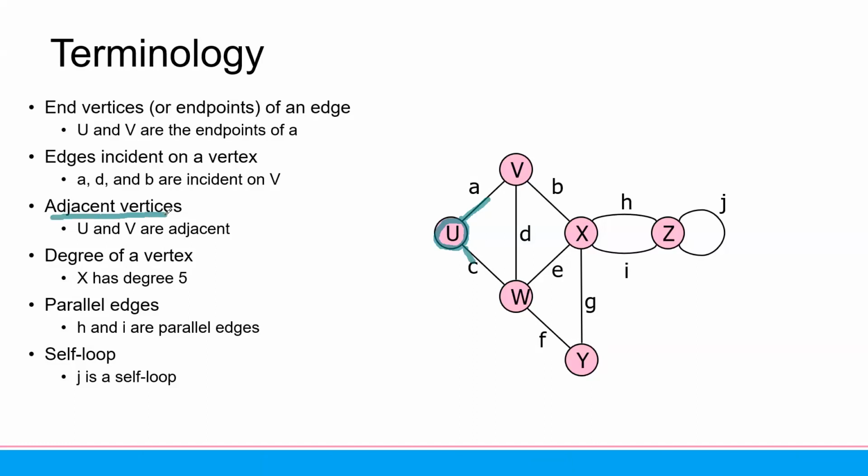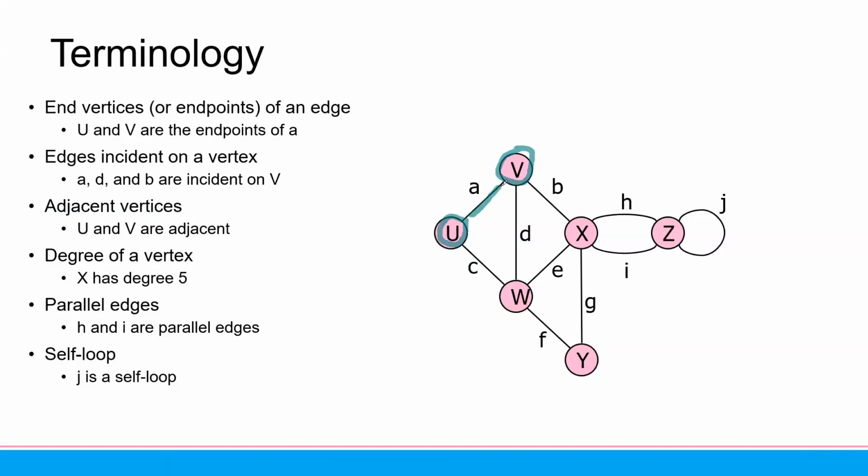Adjacent vertices. What are adjacent vertices? We call them adjacent if there is a connection by an edge. So U and V, they are adjacent. Why?